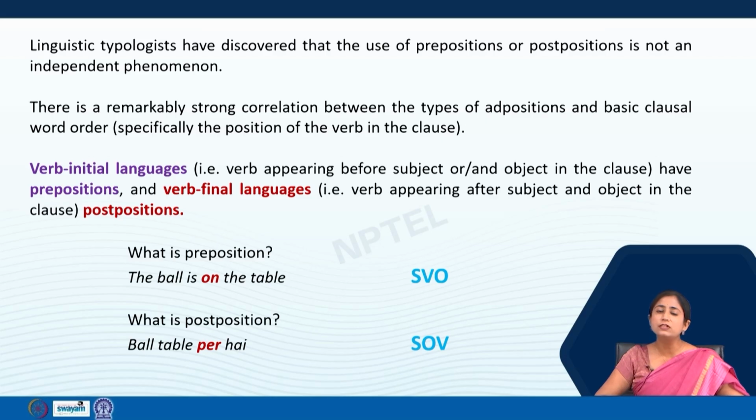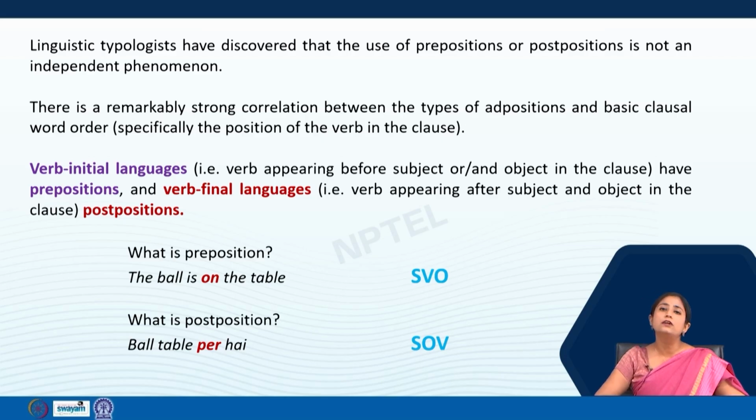While in languages that follow verb final word order, there we find that the language has postpositions, like in Hindi where the verb is coming at the end, appearing after the subject and object. So these languages are called verb final languages. So in verb final languages we have postposition instead of preposition.